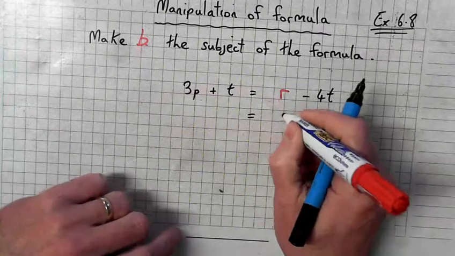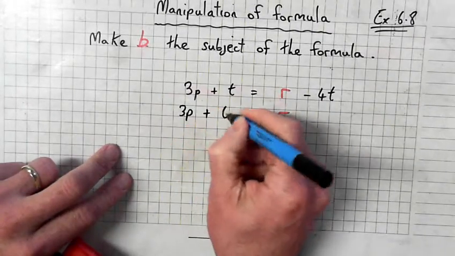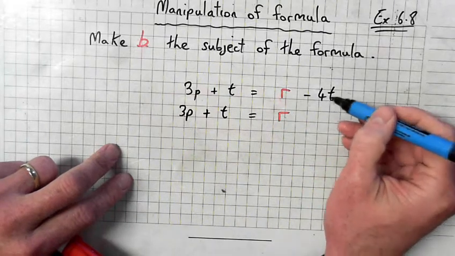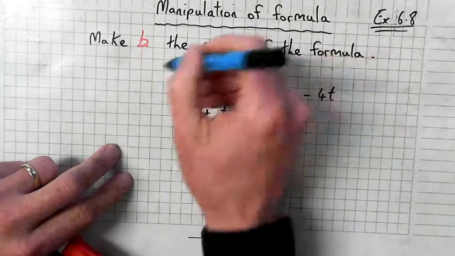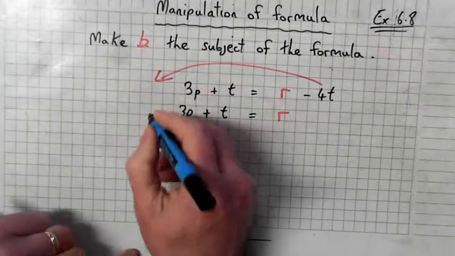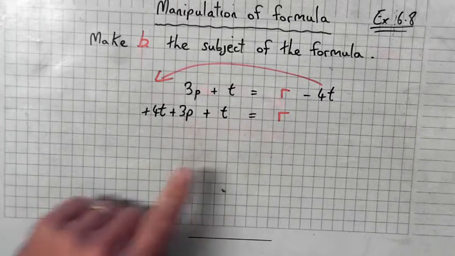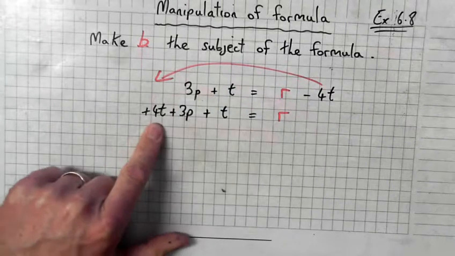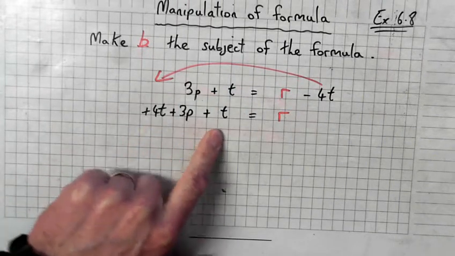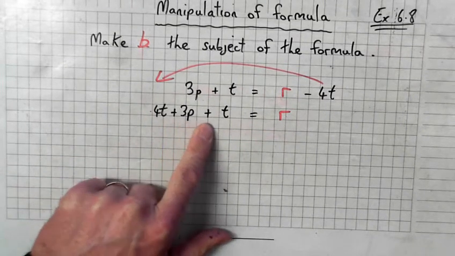So r, I've got 3p plus t over there, and I just need to move the minus 4t across. Bring it across. I'll move the minus 4t across and it becomes plus 4t. So r is equal to 4t plus 3p plus t.